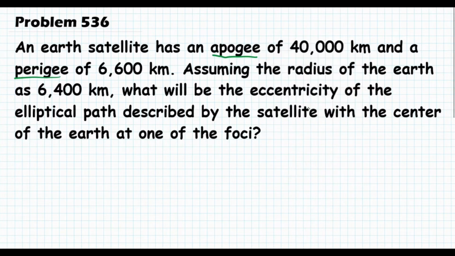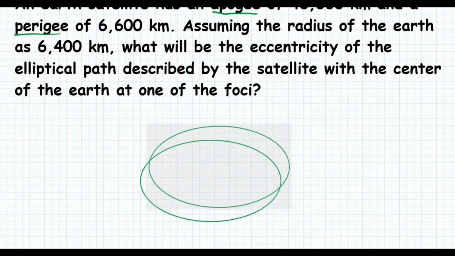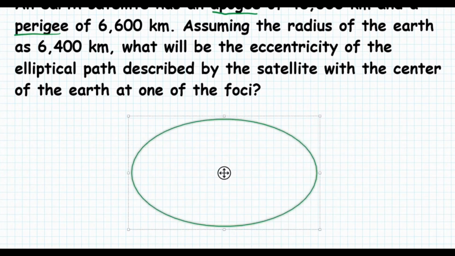So, drawing natin siya. For example, we have this elliptical path. Lakihan natin ng konti. Ito yung elliptical path ng satellite mo. Sabihin natin na ito yung center ng elliptical. Ito, kunwari yung satellite.